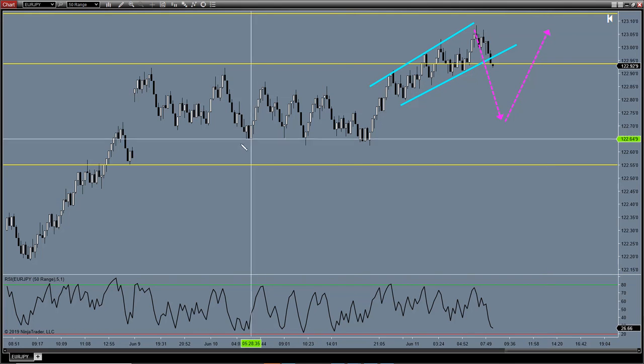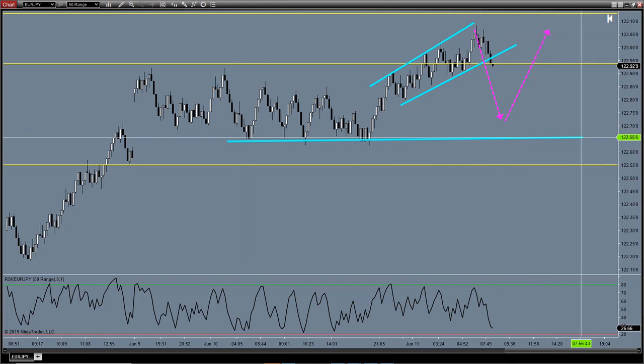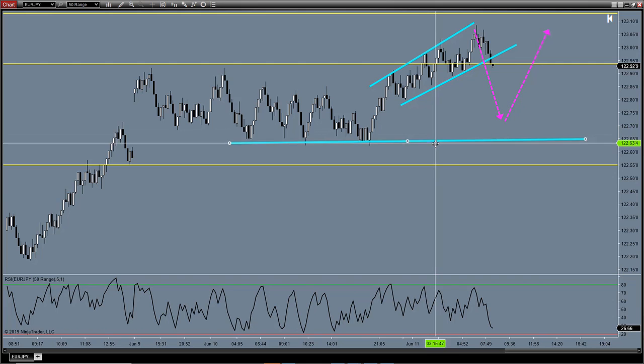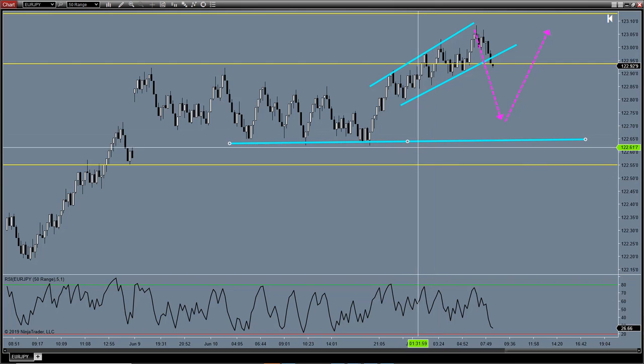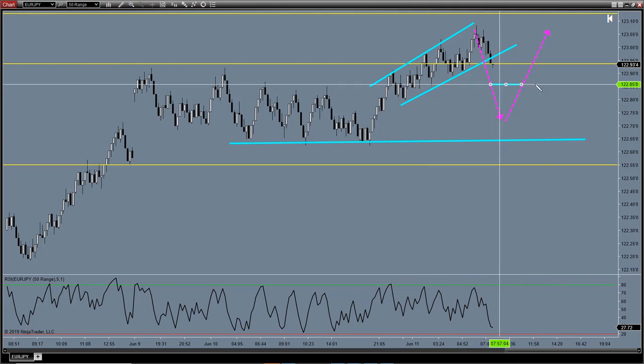I'm going to wait to see if we can attack these lows. I wouldn't put myself in any type of position that I don't have the minimum amount of risk. Because it's a trading opportunity that I'm not really fond of, I need the minimum amount of risk possible in order to take it. Which means I have zero interest if we retrace here.